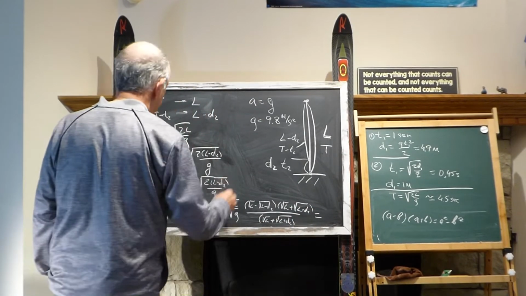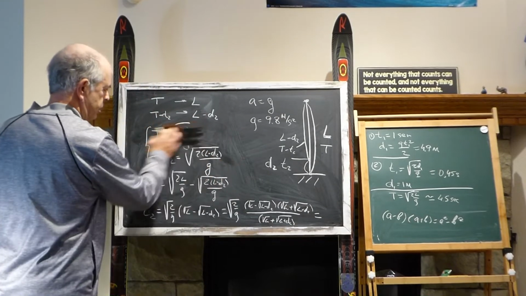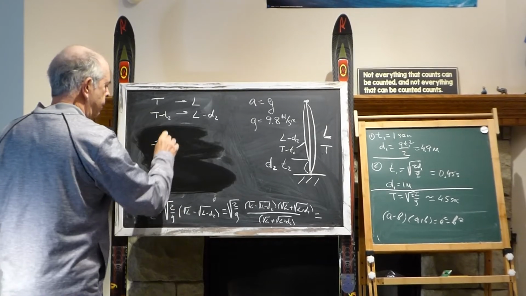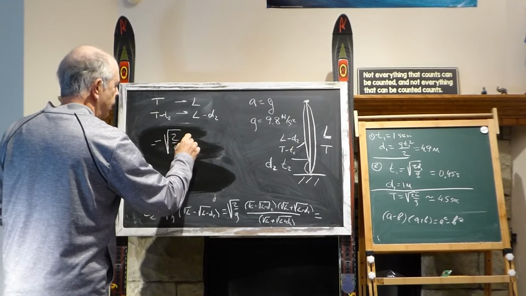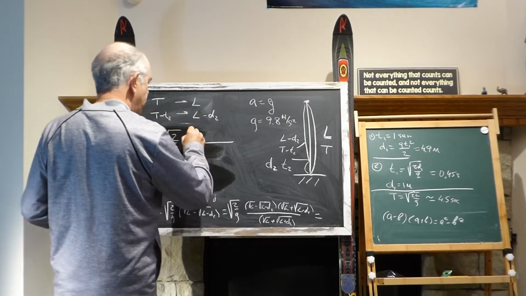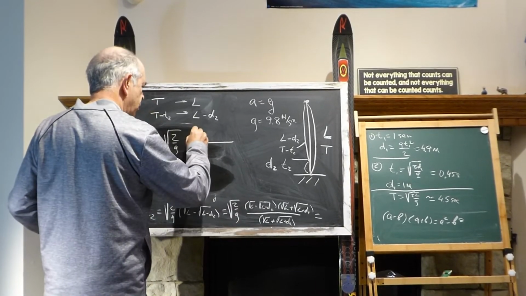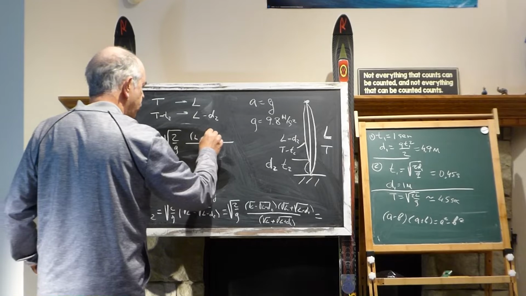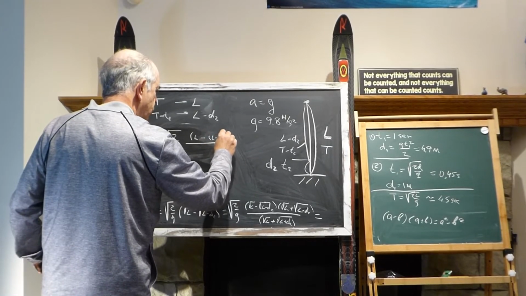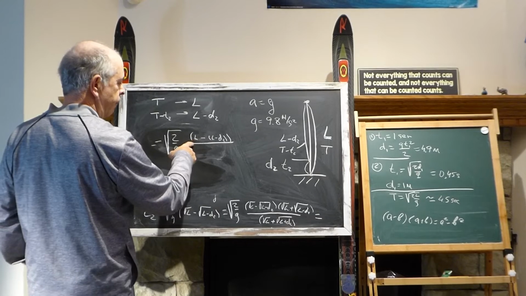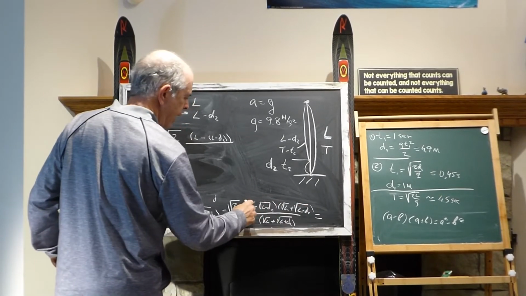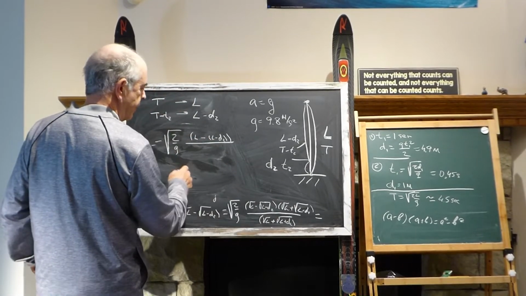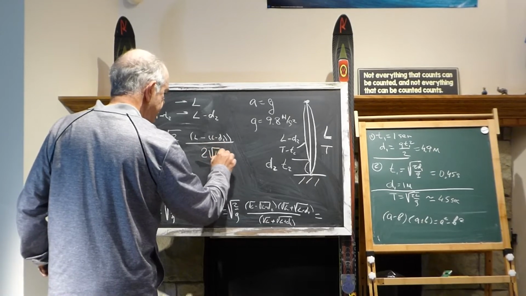And I immediately have, let me wipe this out because it will not be needed, 2 over G, and this would be L minus B squared, this square root would be L minus D2. The multiplication of A minus B on A plus B would be A squared minus B squared. And on the bottom I simply write this.